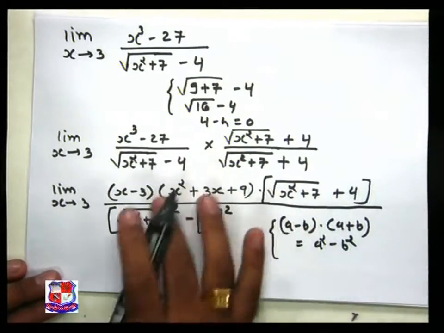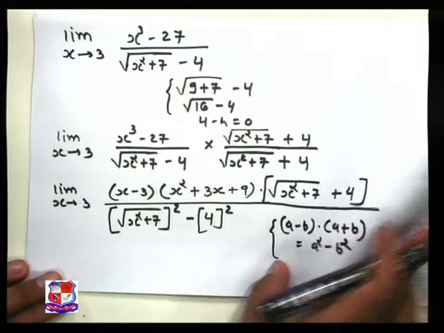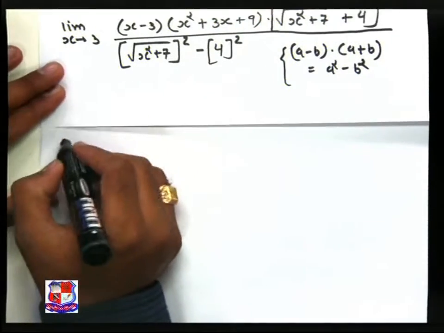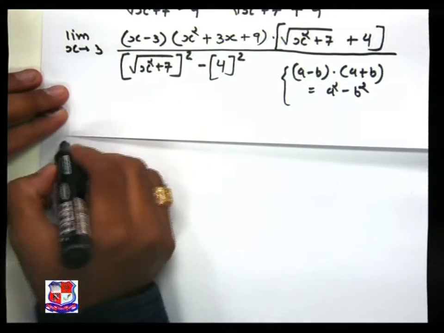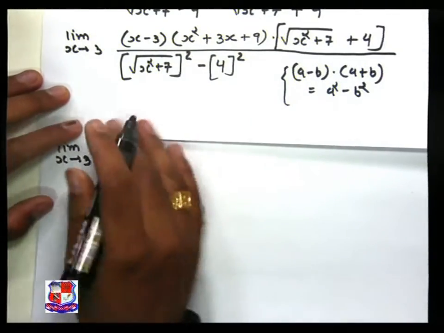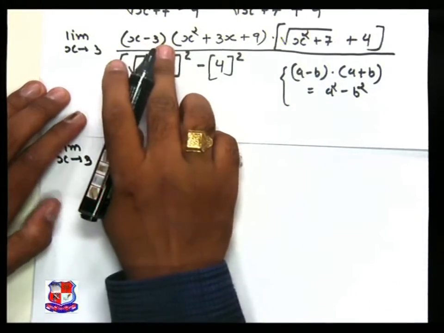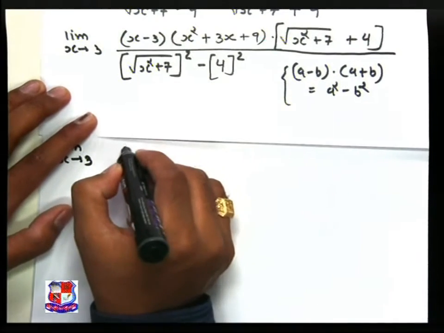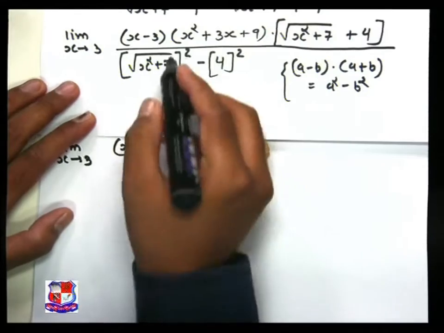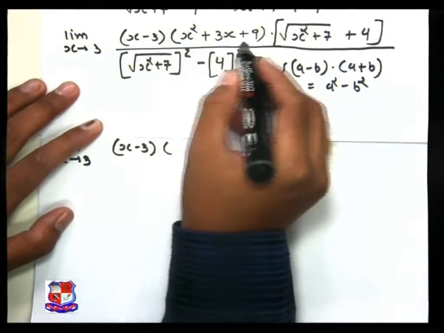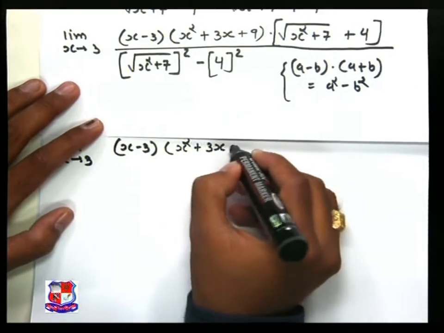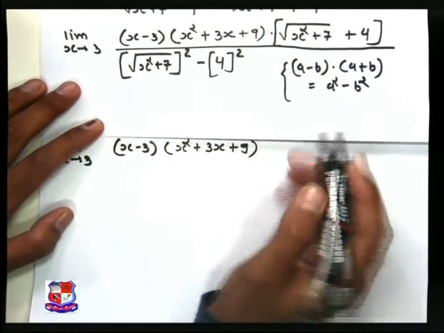Now we require more simplification of this term. So here limit x tends to 3, this x minus 3, here x square plus 3x plus 9.